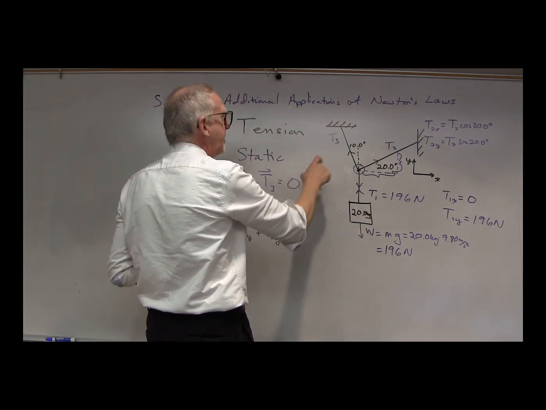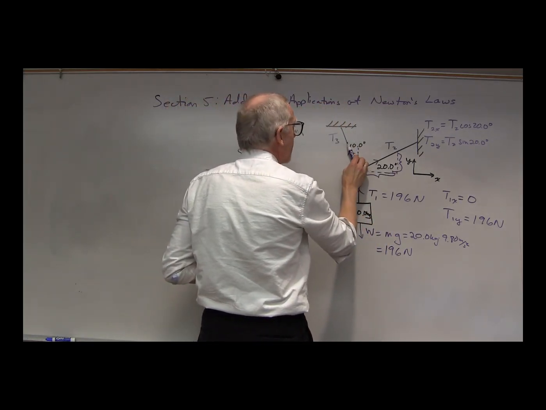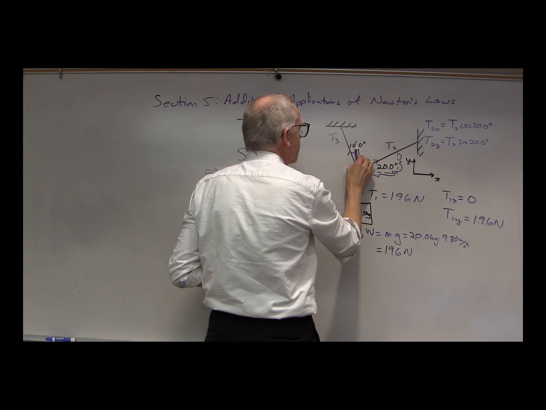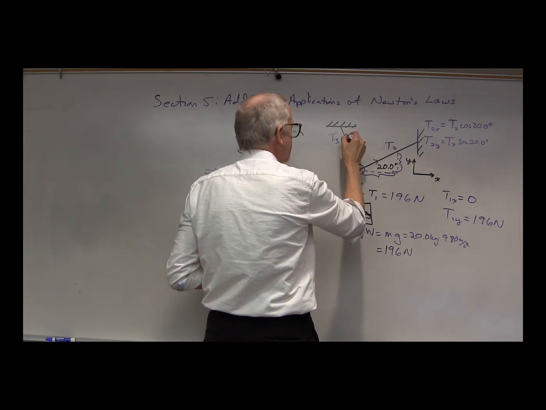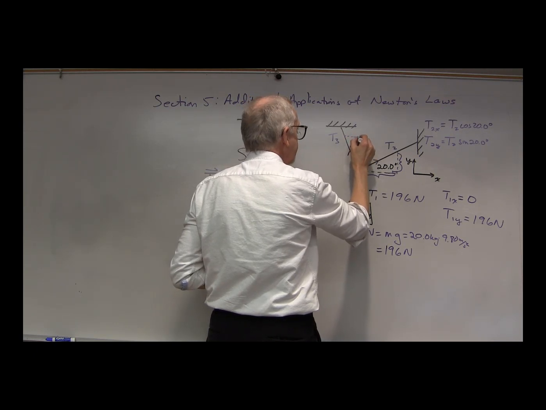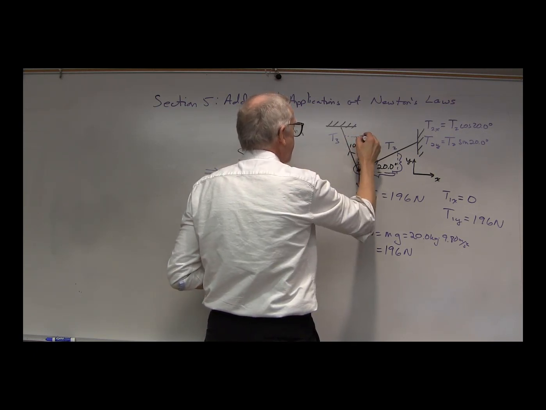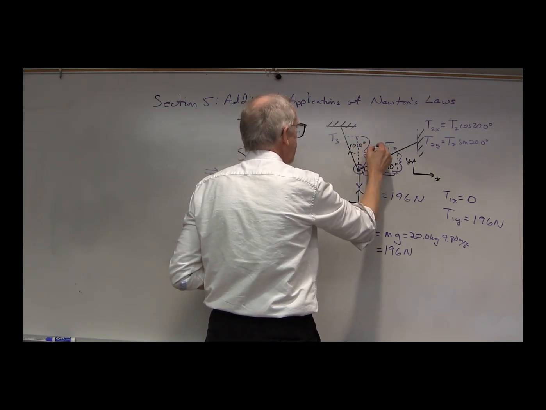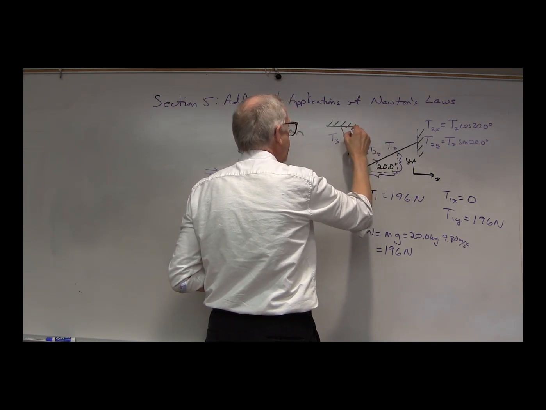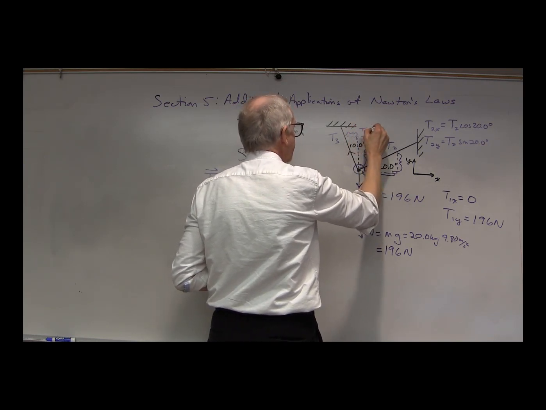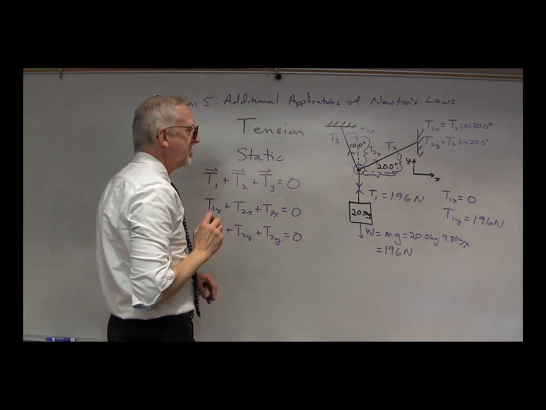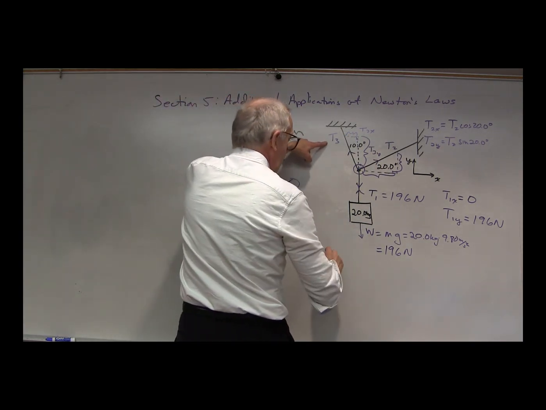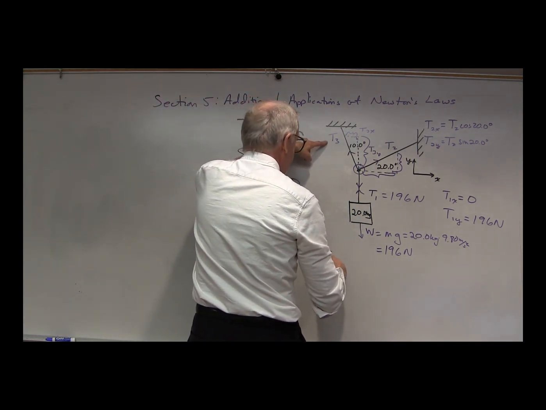Now what about T3? T3 is up here at an angle of 10 degrees to the left of the positive y-axis. So we can decompose this like this, so that this length here would be T3y, and that length there would be T3x. So what are those components? Well, I'm going to write them down here.